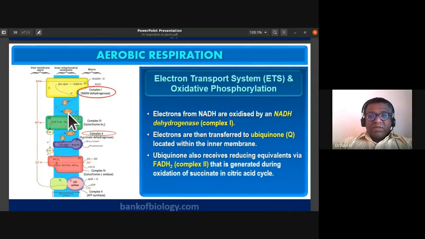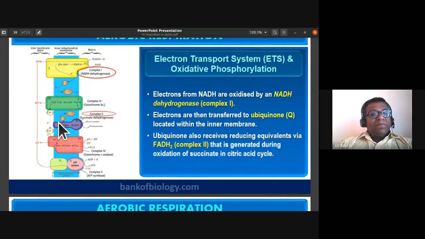Ubiquinone also receives reducing equivalents via FADH2, that is complex 2.